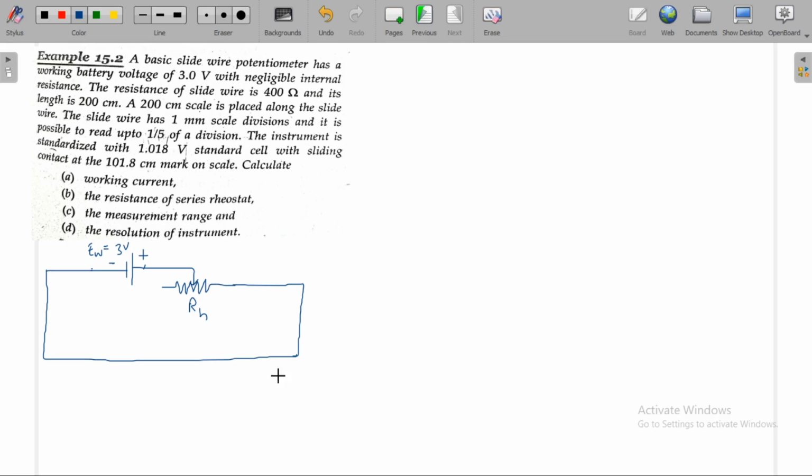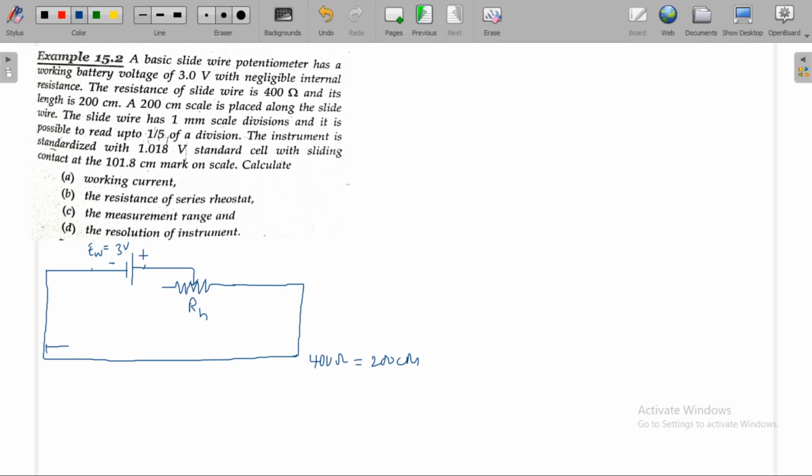The slide wire is having the resistance of 400 ohms, and it is having the length of 200 centimeters. And 200 centimeter scale is placed along the slide wire.